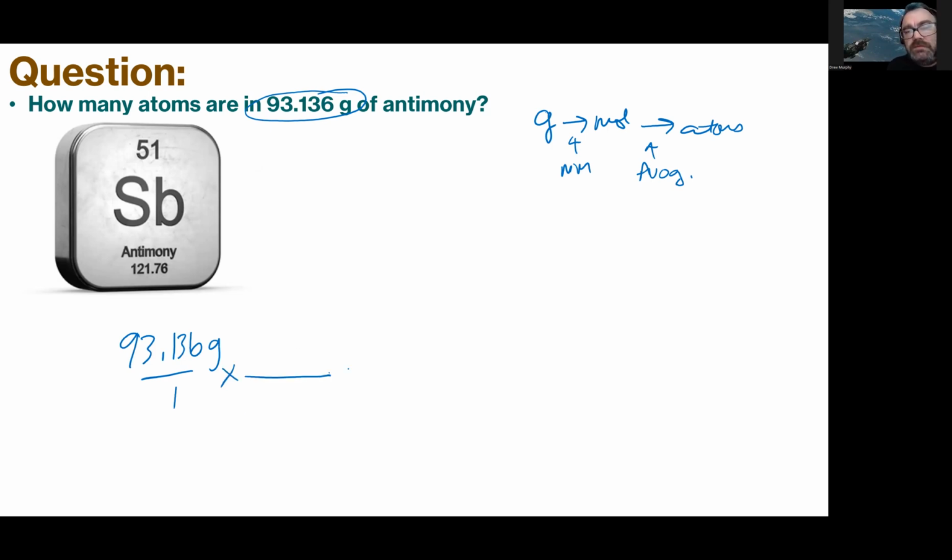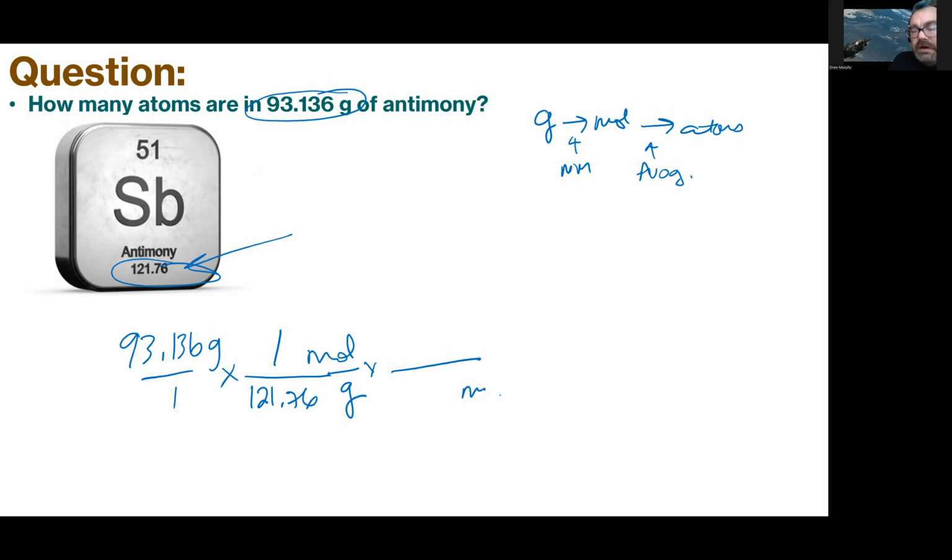Grams on the bottom, so the grams will cancel out. We'll put moles on the top. This is our atomic mass, so that's the number we want. It'll go with grams. This is 121.76. Okay, and then 1 mole on top. Now, we're going to do Avogadro's number. This is moles going to atoms.